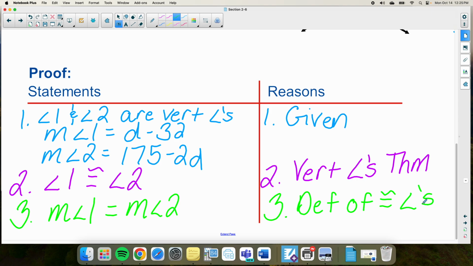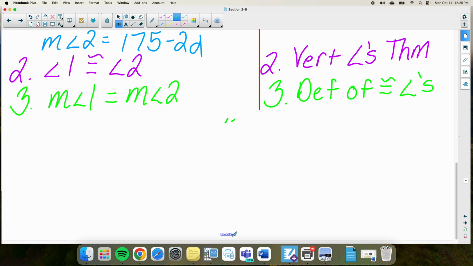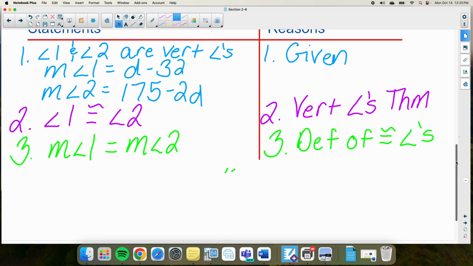Now basically we just have to substitute in. Okay, so what I can do then is go back up, and I can take this and substitute that in for the measure of angle 1, and I can take this and substitute that in for the measure of angle 2.